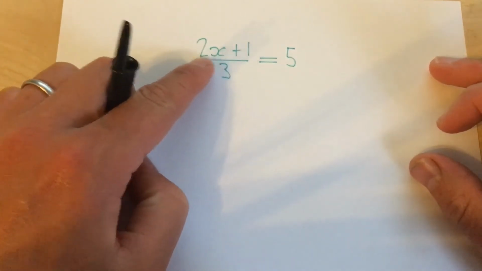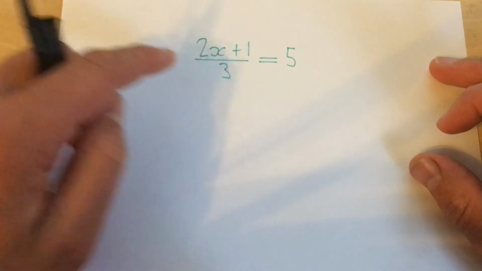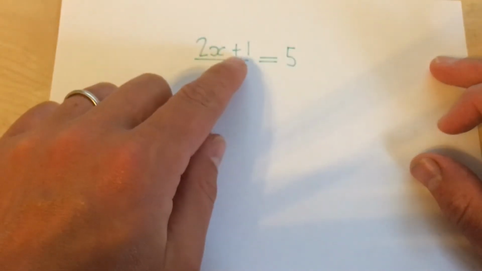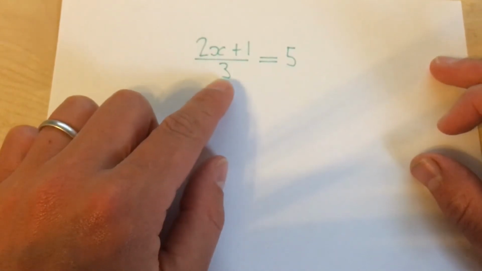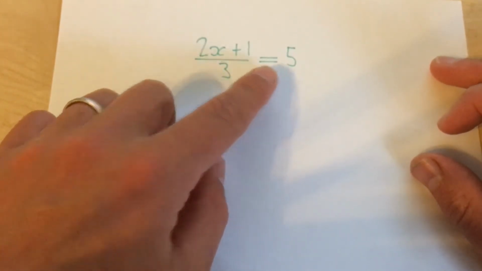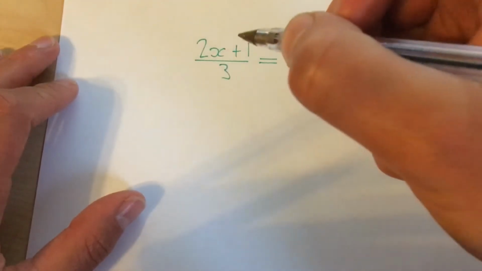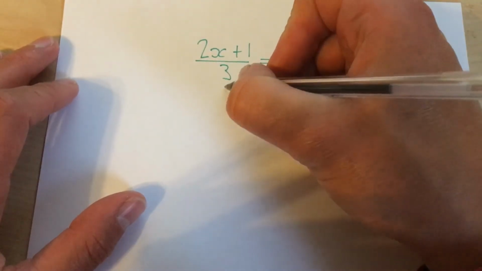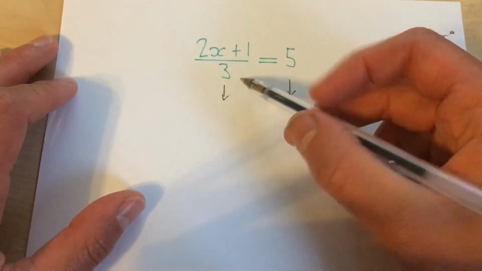Starting at the variable and working our way outwards, we have x multiplied by 2 plus 1, then divide that by 3, and it equals 5. So the first thing that I'm going to do to get my x's on one side and the value of those on the other is I'm going to multiply by 3.